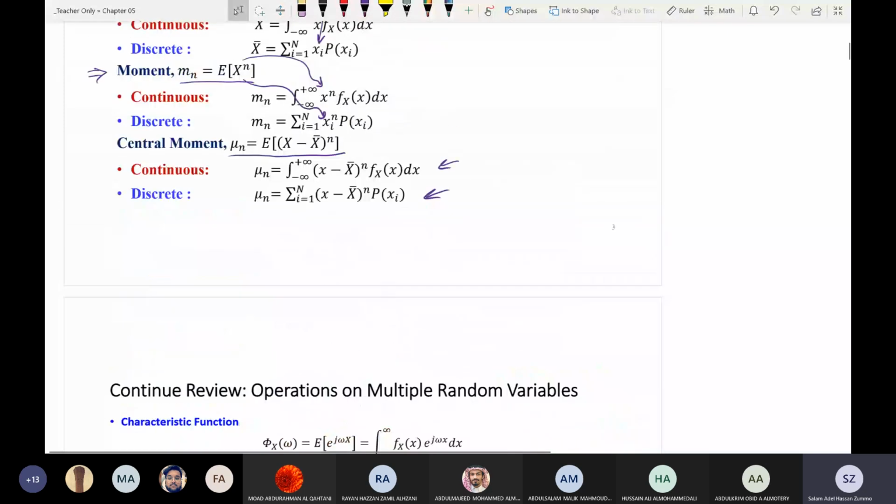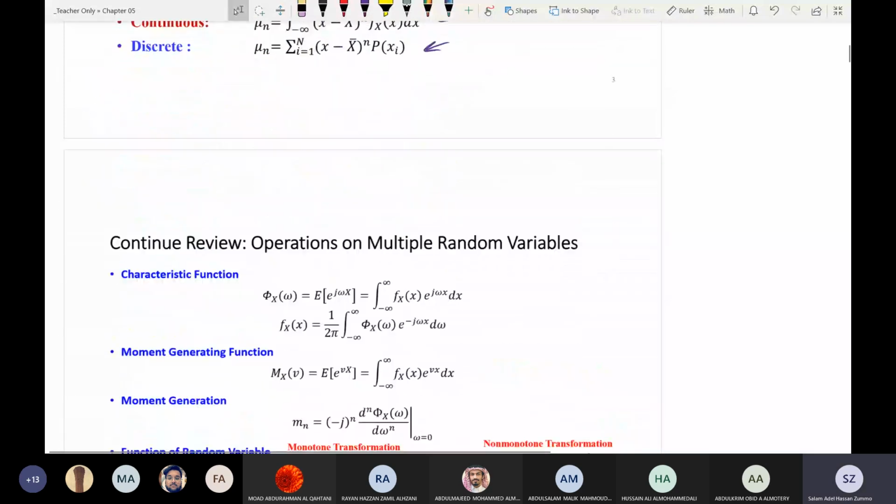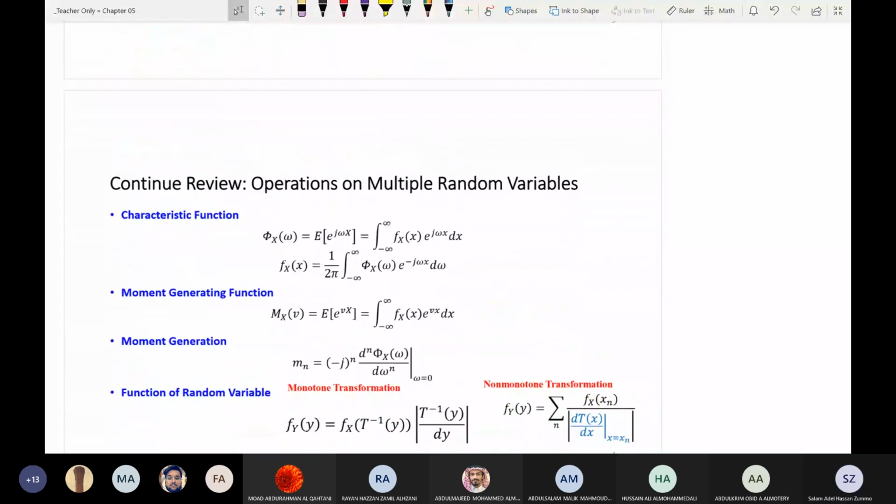Now, regarding the operations on a single random variable, we defined the characteristic function and the moment generating function, if you remember. The characteristic function was the Fourier transform. So whatever is inside the expectation, as a rule, we just bring it here. And this basically defines the Fourier transform of the PDF.